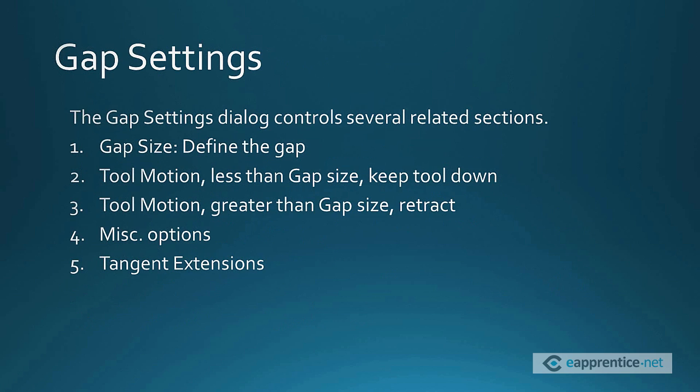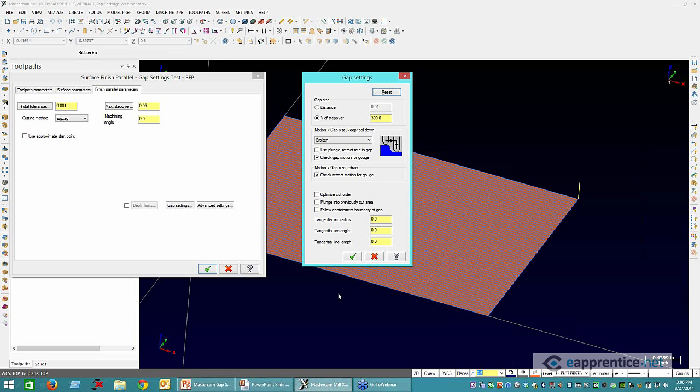So gap settings. The gap settings dialog controls several related sections. First, you have the gap size. This is where we define the gap. If I switch over to Mastercam, in the gap settings dialog box, you'll see that these options are broken down into sections.